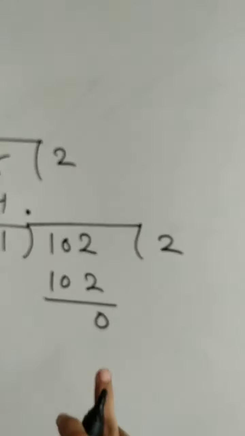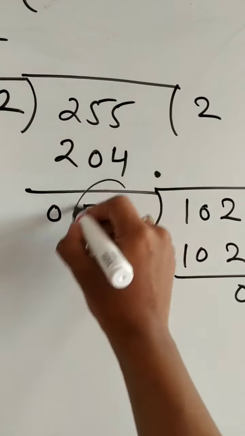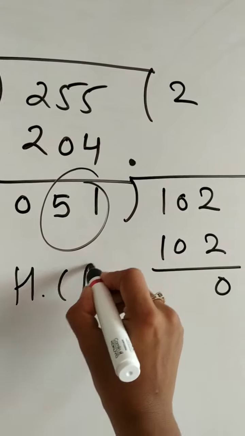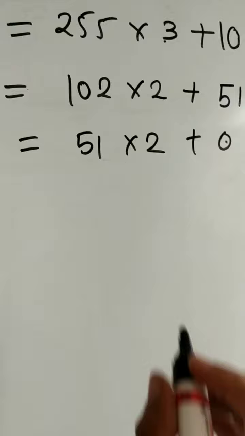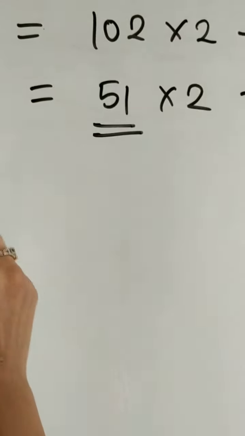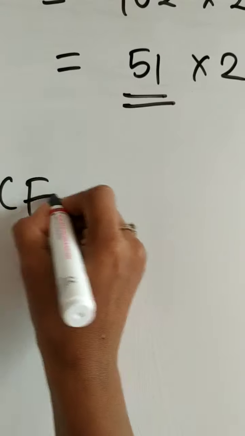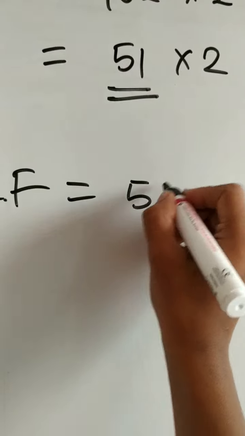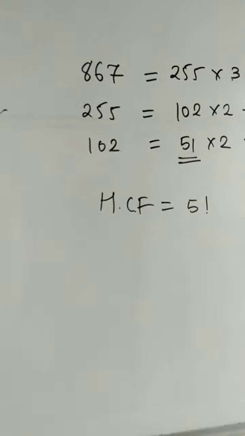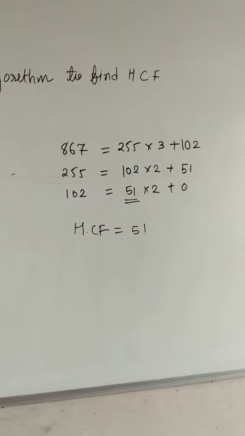As I told you, when you get remainder 0, whatever remains here is your HCF. So here also we will indicate that this is our HCF, and we will write that HCF is equal to 51.